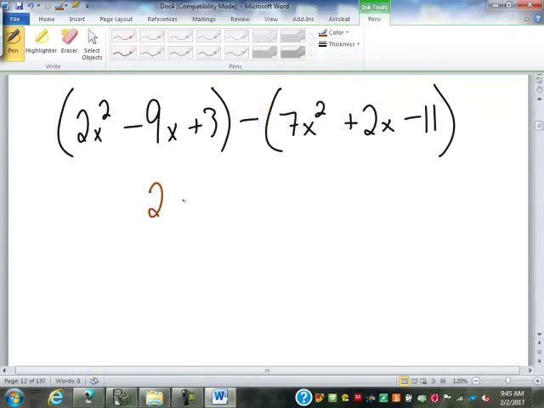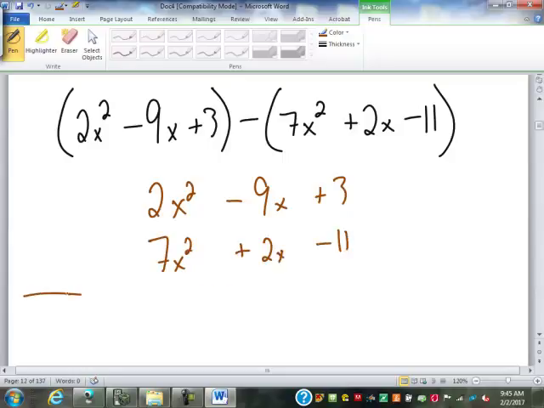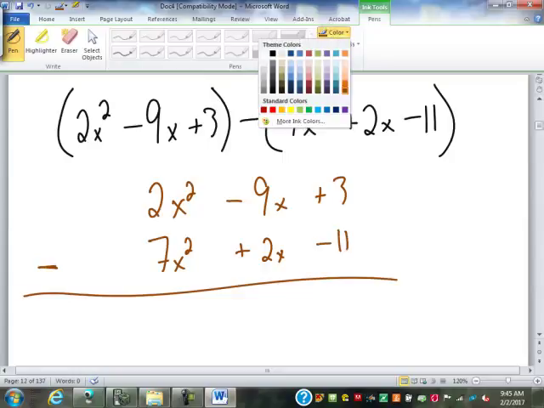So we write this out, 2x squared minus 9x plus 3, 7x squared plus 2x minus 11. And we are now subtracting down each column.